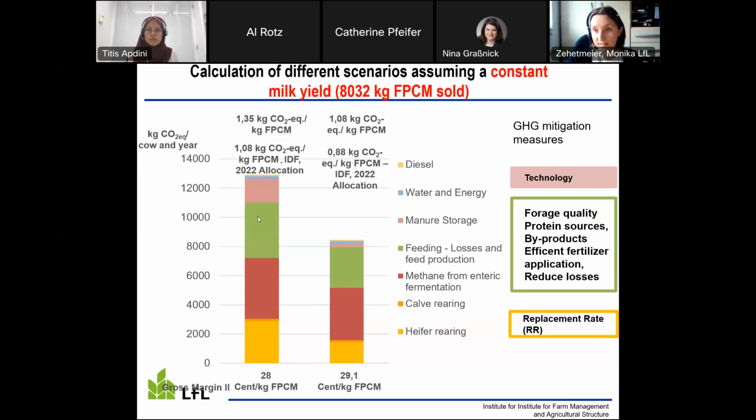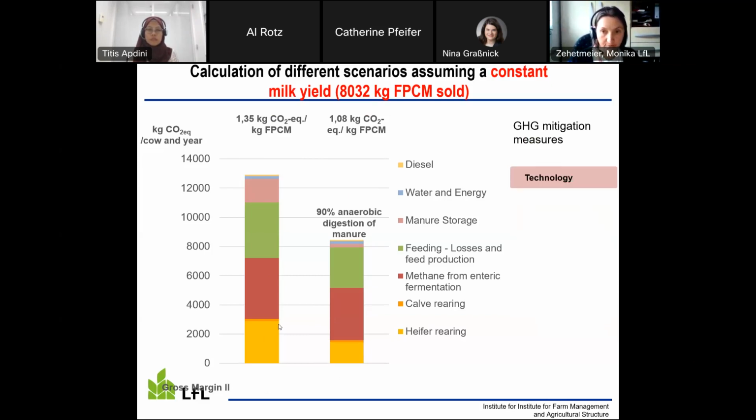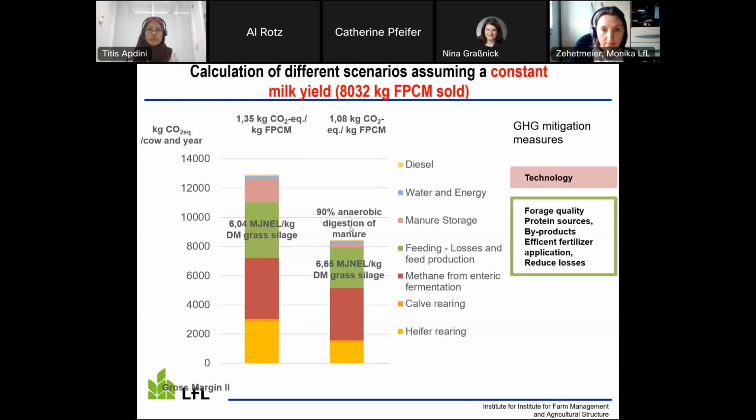Yeah, and now we can start to play around with the tool, as it's partly mechanistic, so we can start to change different values and see what happens on the economic part and on the greenhouse gas emission part. And for the first part, you can see we changed the manure storage system and we applied an anaerobic digestion. 90% of manure goes to the anaerobic digester.